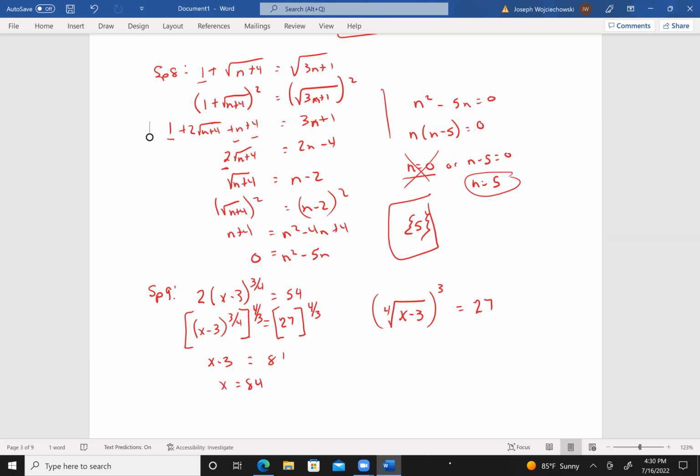Now if I take the cube root of both sides, this becomes 3, and this becomes the 4th root of x minus 3.